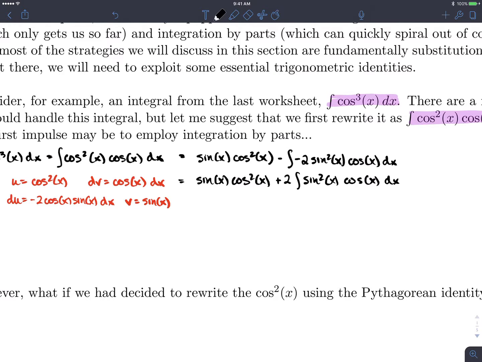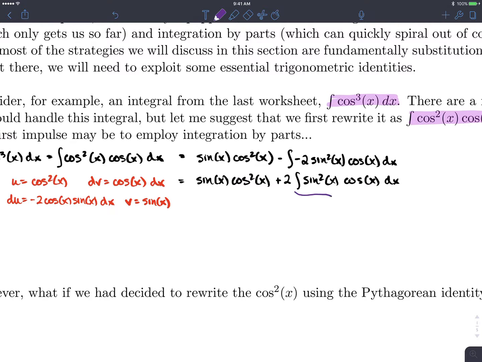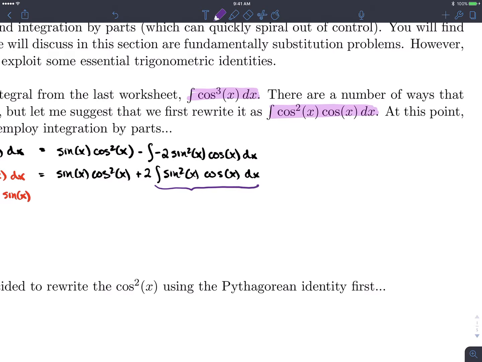And now at this point, with this integral, again we have some options. We could do another integration by parts, but you might remember from some of our examples of the substitution method that this one we could actually handle using substitution. So I'm going to use substitution for this one.